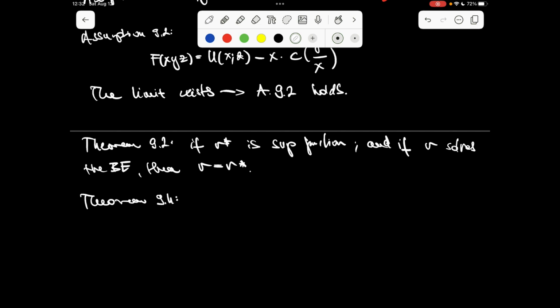And this plan can be found by solving the Bellman equation. So theorem 9.4 claims that the plan that attains the supremum in the sequential problem is optimal in the Bellman equation, and it can be found by solving the Bellman equation. That was part A of the problem.